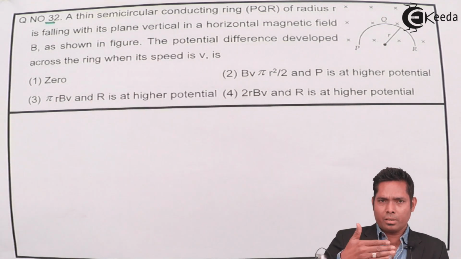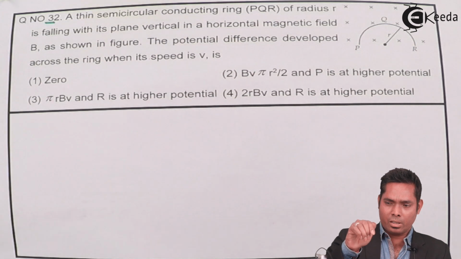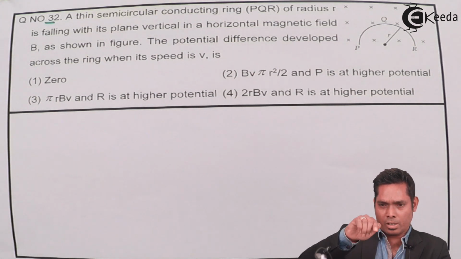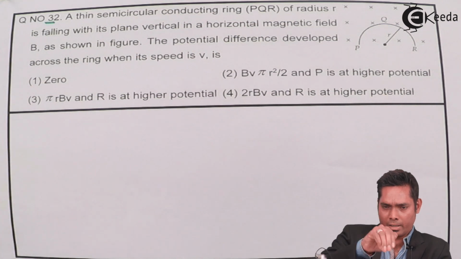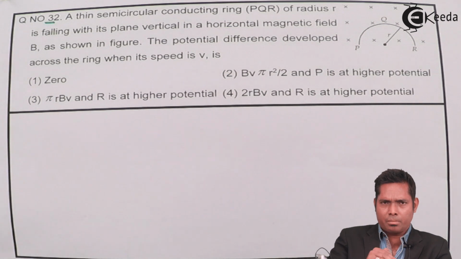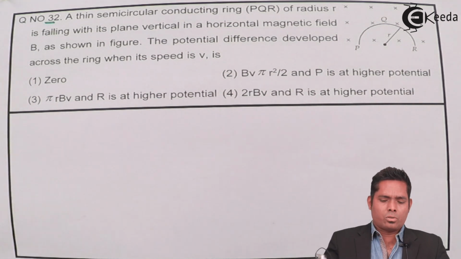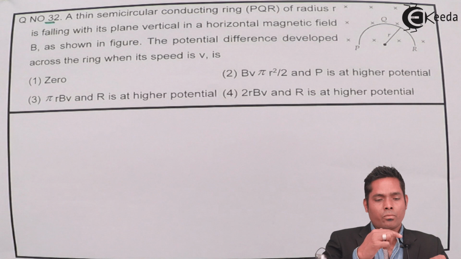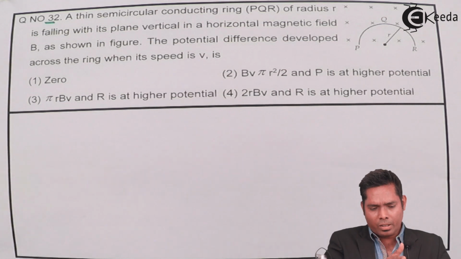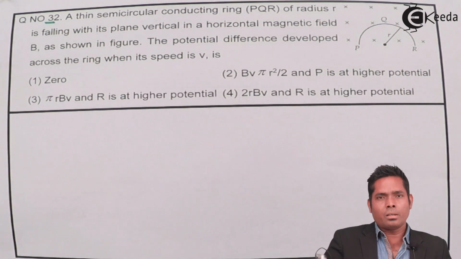So if this is the ring, then this is the plane, and if this plane is vertical, it is falling like this. When it falls like this, it will cut the horizontal magnetic field.